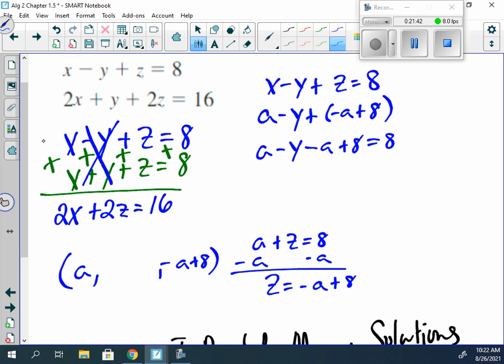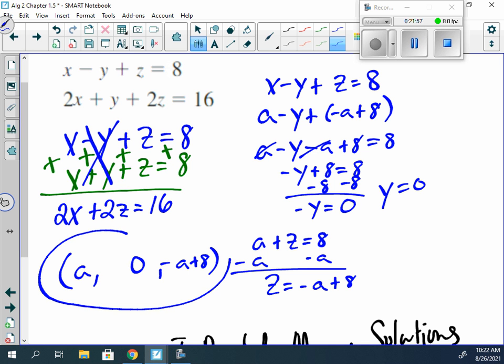Well, a and negative a cancel out. Subtract 8 from both sides, and, well, negative y is equal to 0, or y is 0. So really that there would be the equations that would satisfy any solution for these three equations here.